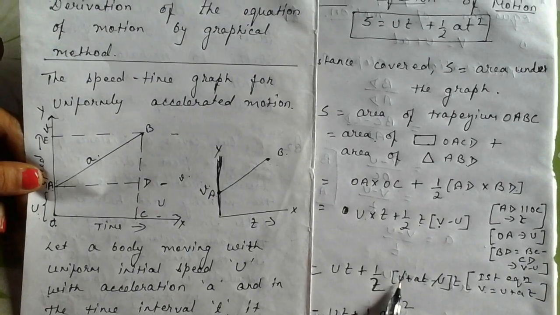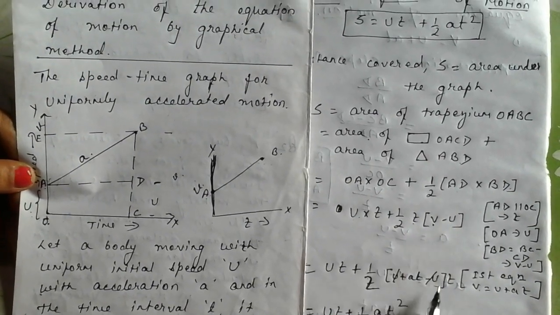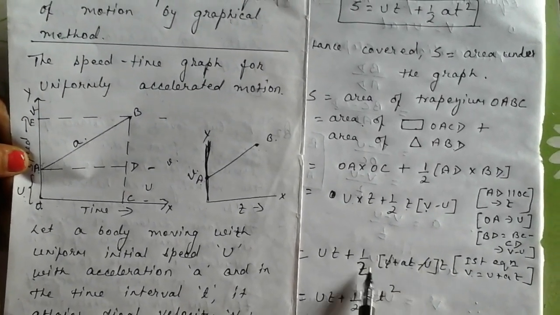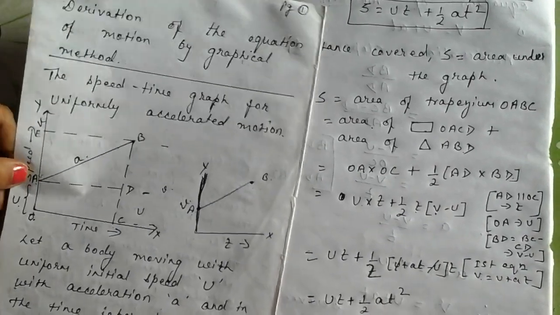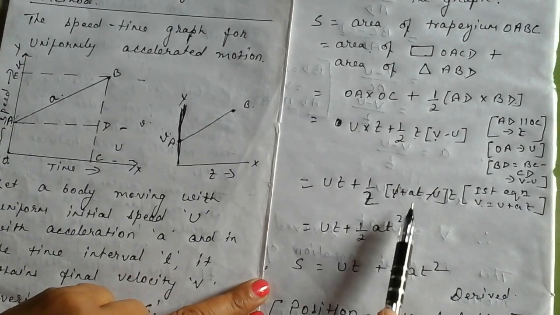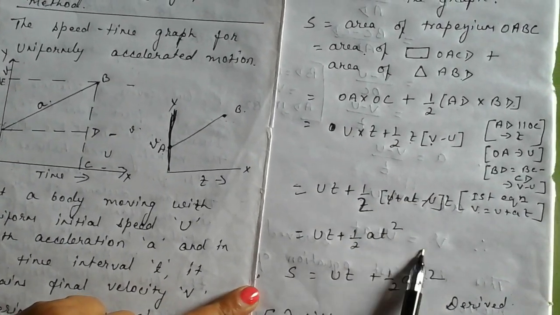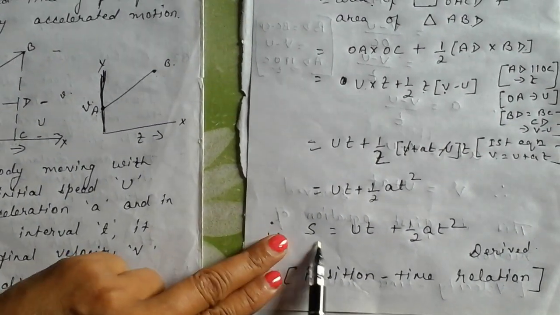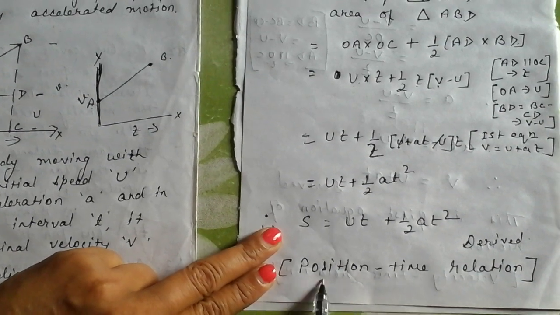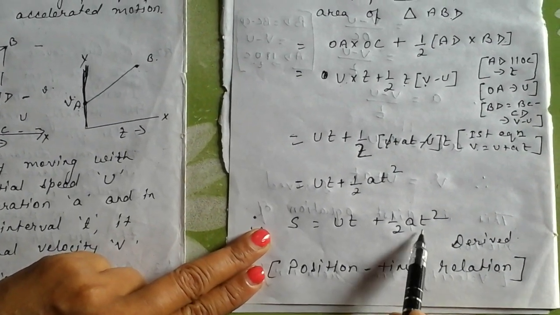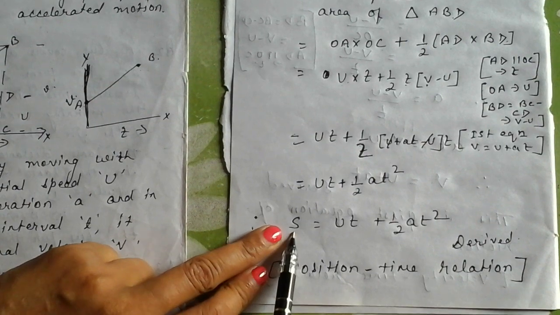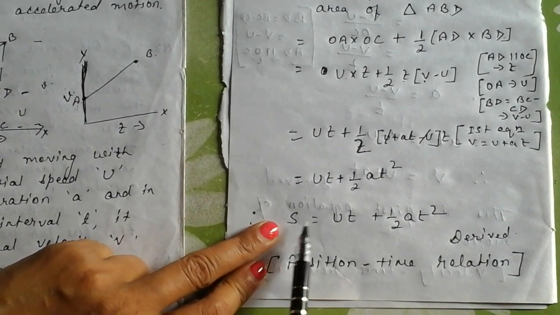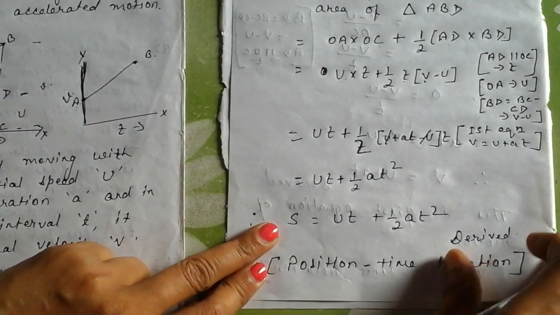So I have written u + at − u. u and u cancel, leaving at. Removing the bracket, you get ut + ½ at into t, that is at². So we have got the second equation of motion, s = ut + ½at², and this gives the position-time relation. Distance is nothing but the change in position.